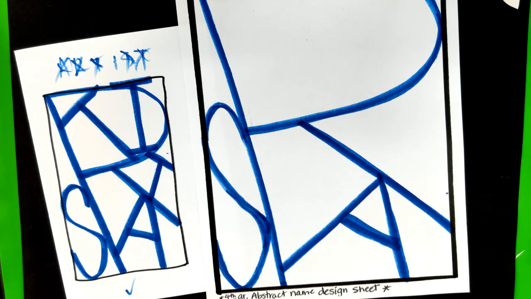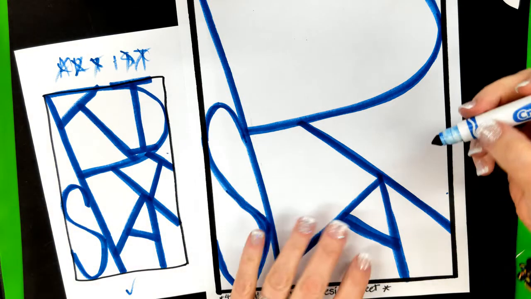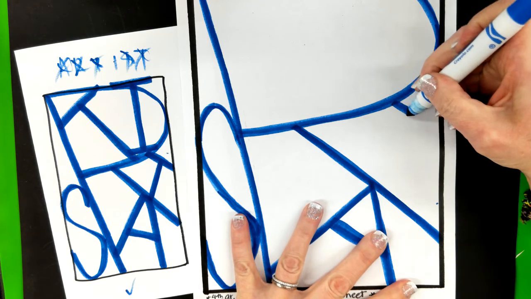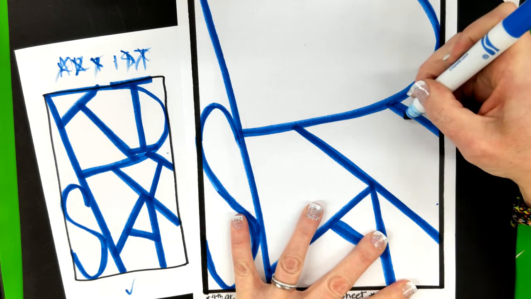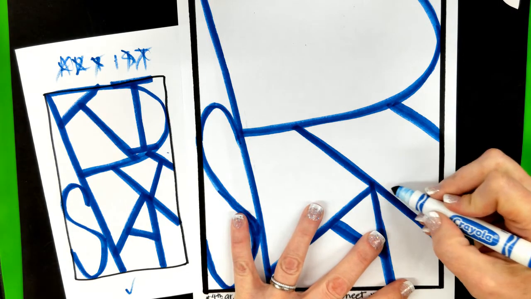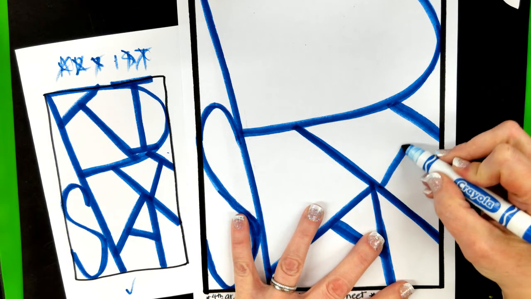Now I think I had a T right in there. I'm just going to keep building as I go. So I'm going to connect the T. I don't want it to end right there, so I'm going to shift it over a little bit.